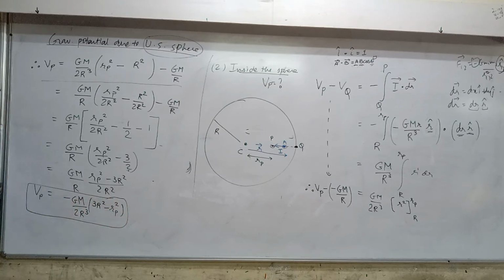Otherwise you would have to remember that in this one there is no minus. Right? It can get confusing. So this is the formula of what? Gravitational potential inside the solid sphere. Hold on, the math is very easy. Have a look at things. See if you have a doubt.